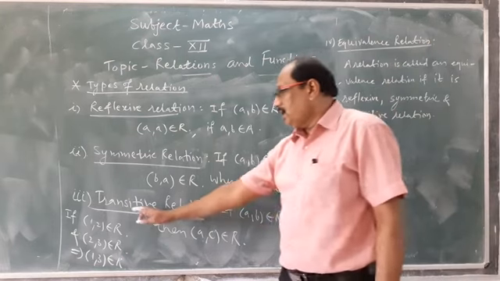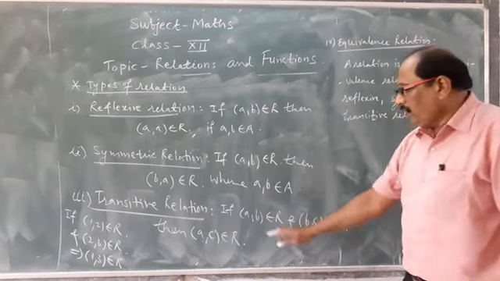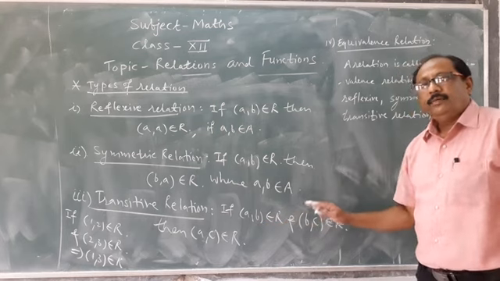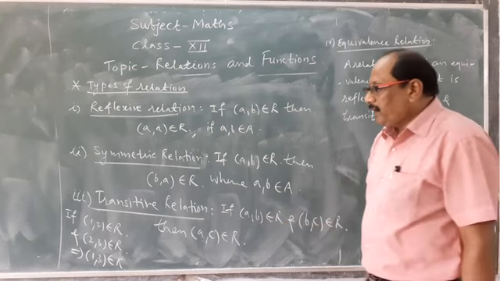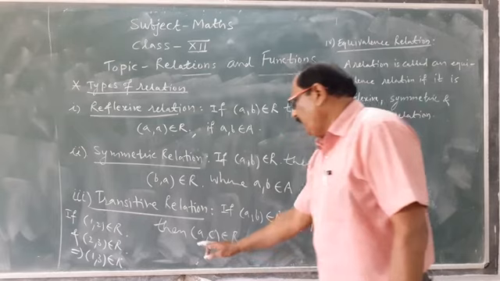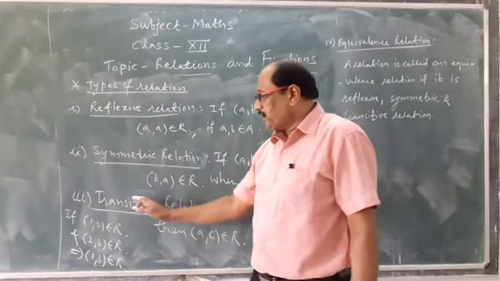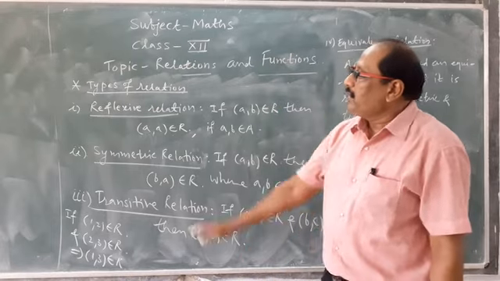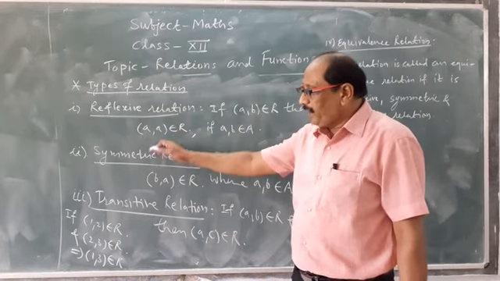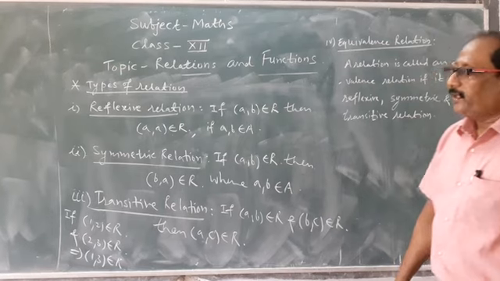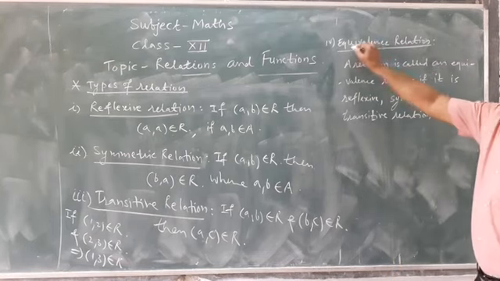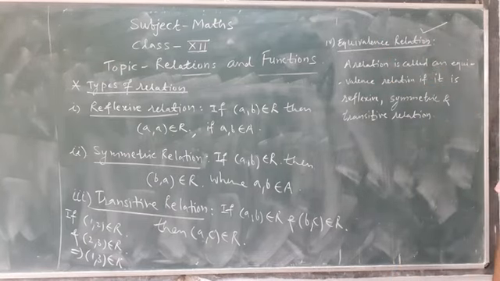And third one is transitive relation. If (a, b) belongs to R and (b, c) belongs to R, then (a, c) should belong to R. Then and only then the relation is transitive. If any relation is reflexive, symmetric and transitive, then and only then we say that the relation is an equivalence relation.